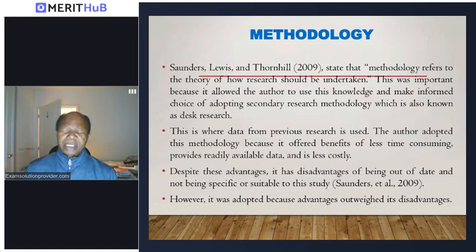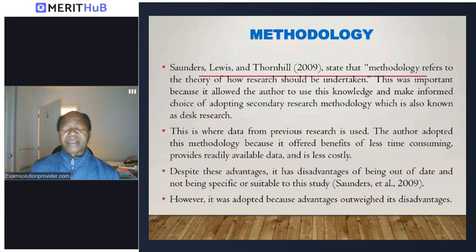Right, so I'll read exactly the way the student has presented it. This is the actual copy of the proposal from this particular student. You can see it starts with the author, the source, and this is the justification that he's making. So he says Saunders, Lewis and Thornhill in 2009 stated that the methodology refers to the theory of how research should be undertaken.